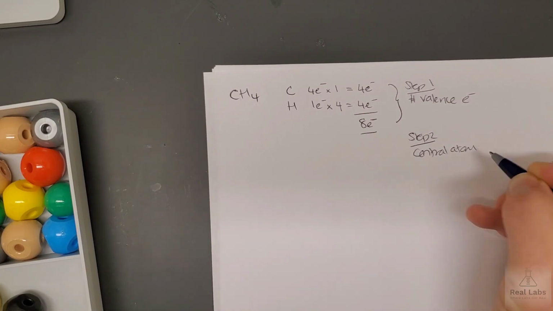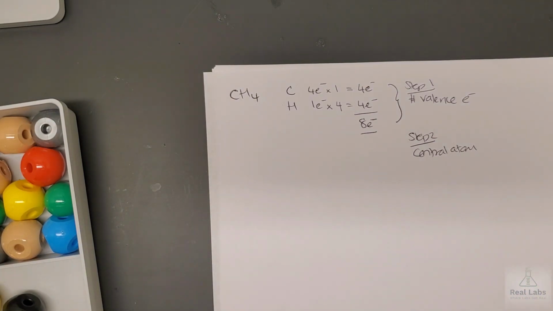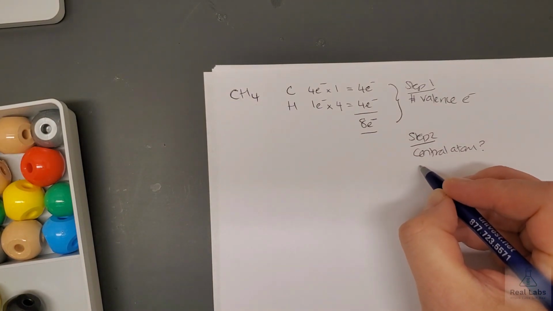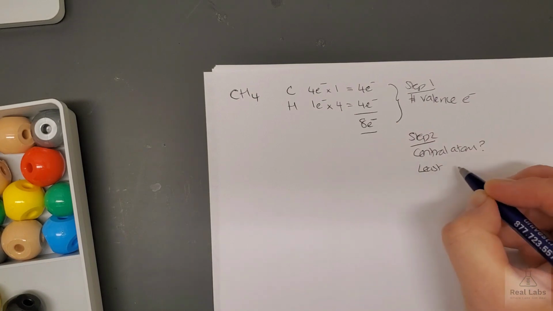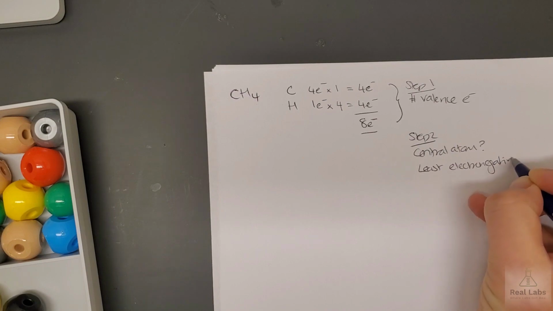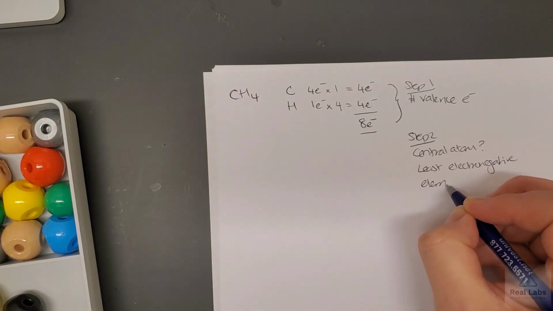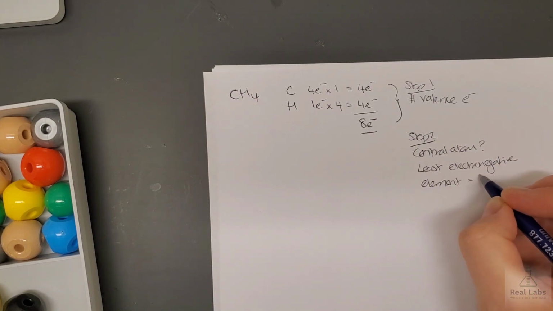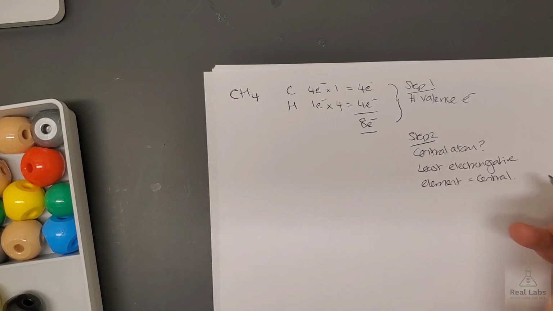When I built that methane, I already built this for you, we knew that carbon was the central atom. As a general rule of thumb, the least electronegative element is the one in the middle. Now, sometimes that's the hydrogen.